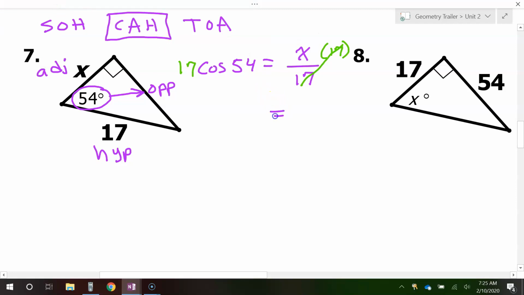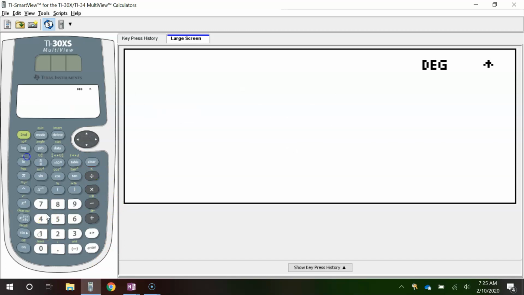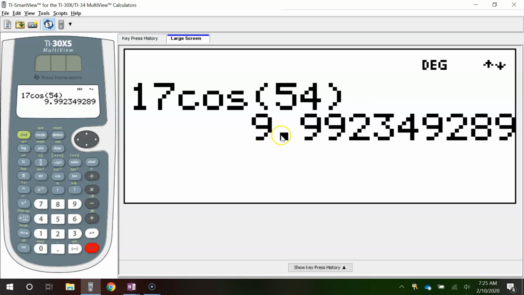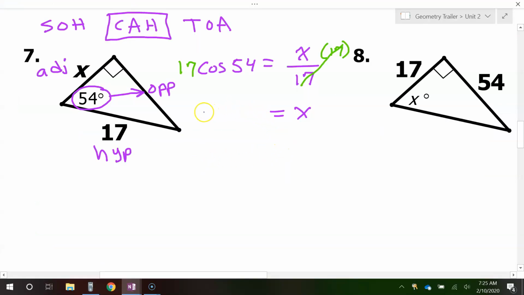And that will lead you straight to the answer. So in your calculator, we will do 17 cosine 54. So that's 9.992. All right, that's number 7.